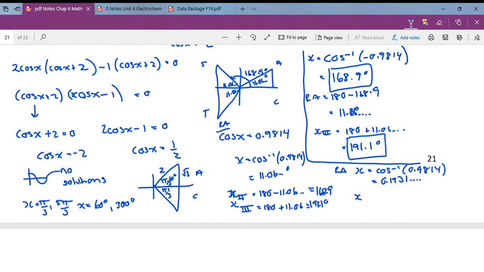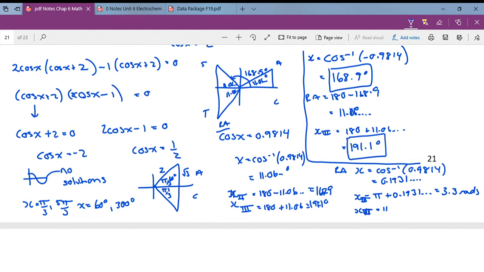Now I'd want to find x in quadrant 2, and I would do pi plus the 0.1931. So I would store this answer as A so that I can use it again. And then I type pi plus recall A, or whatever you choose to do, and I get 3.3 radians. Oh, sorry, that one was quadrant 3.